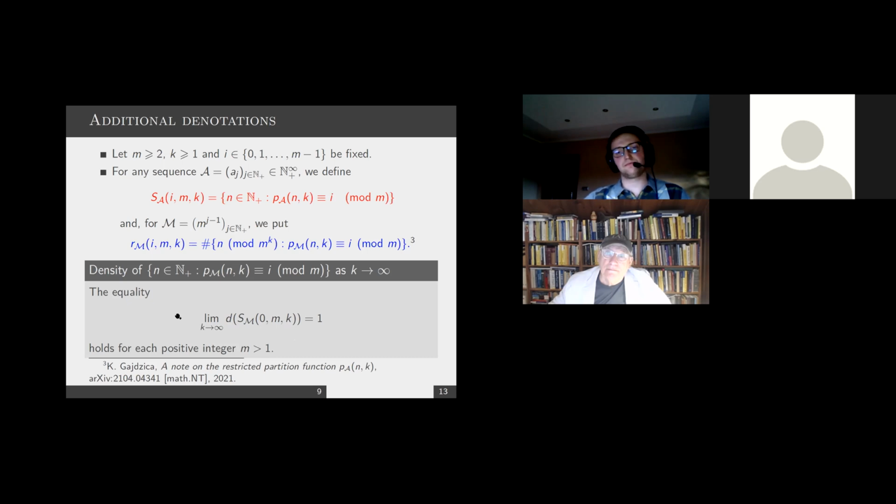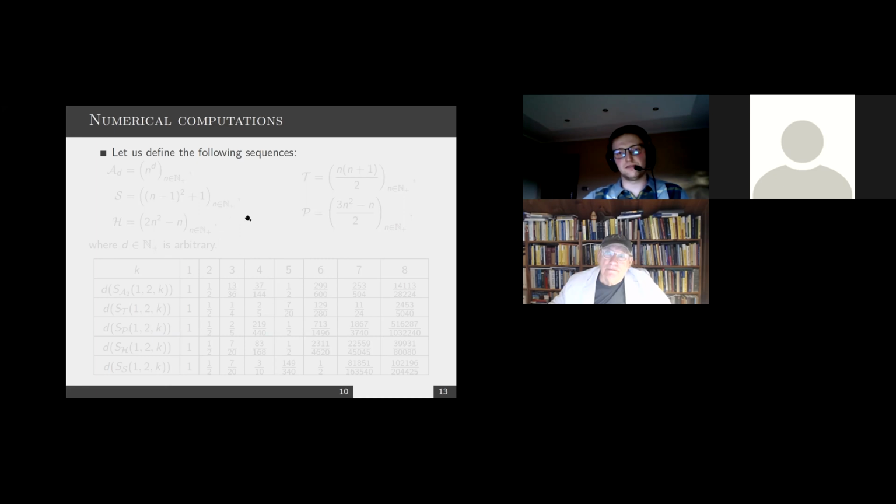And now I would like to finally show some numerical computation related to the odd densities of the restricted partition function. So let us define the following sequences.